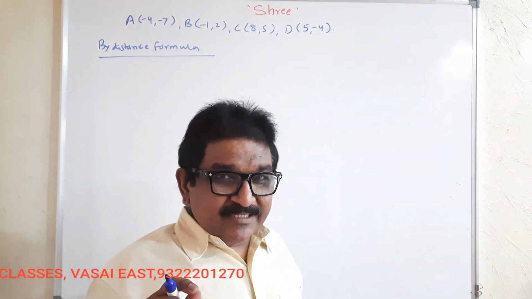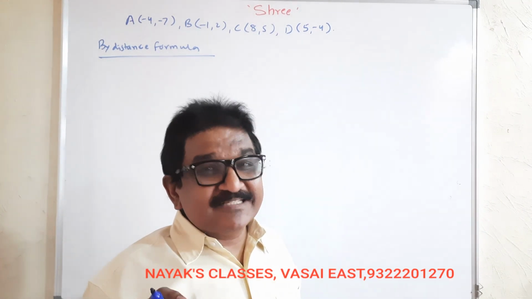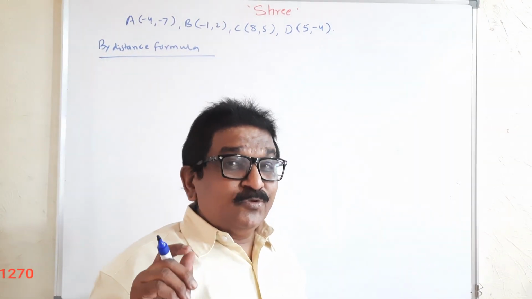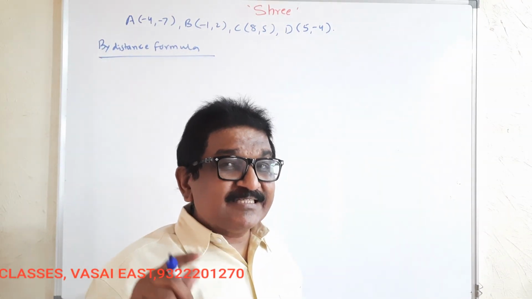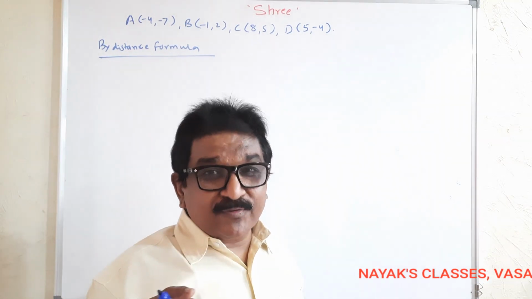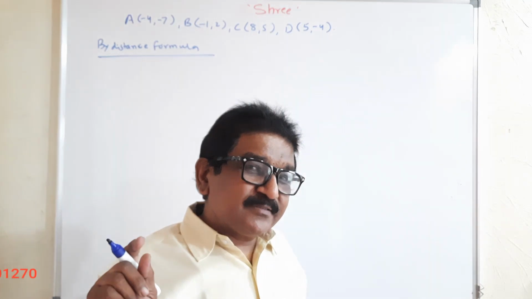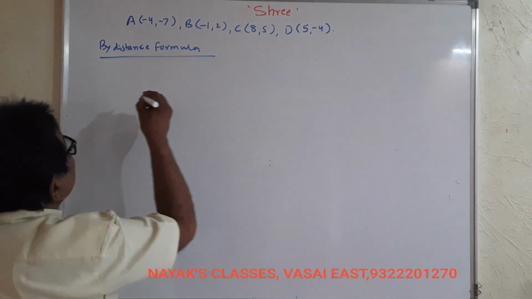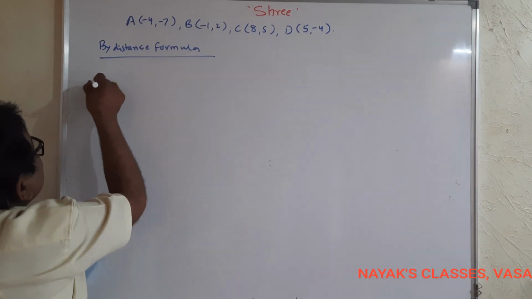When we find the 4 distances by the distance formula, if adjacent sides are congruent, meaning 1, 2, 3, 4 are all congruent, then it's a rhombus. Clear? Very good.